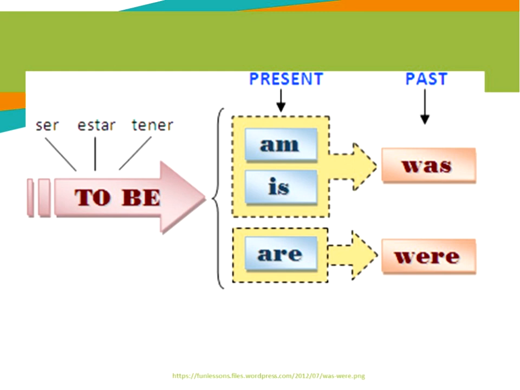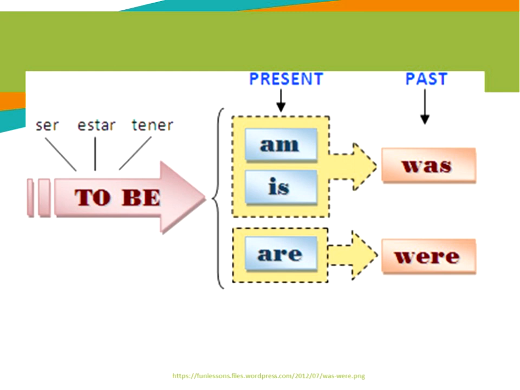Was and were. Was is used when you want to talk about singular things. I was, she was, it was, and he was, I forgot. Everything is singular.